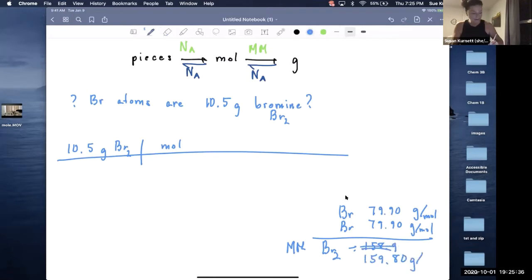My sig figs here are correct because if I add these 2 numbers, I can gain in the hundreds place. So now I have a molar mass that's good to 5 sig figs. But if you multiply by 2, it would be good to 4 sig figs. Okay.